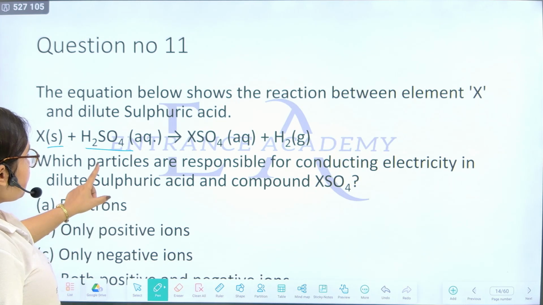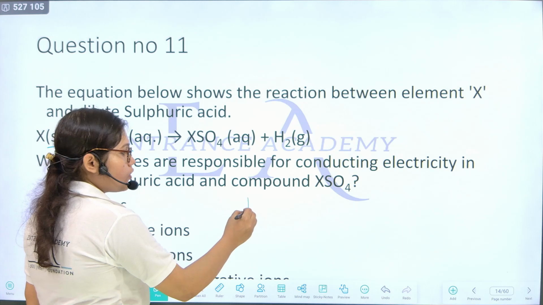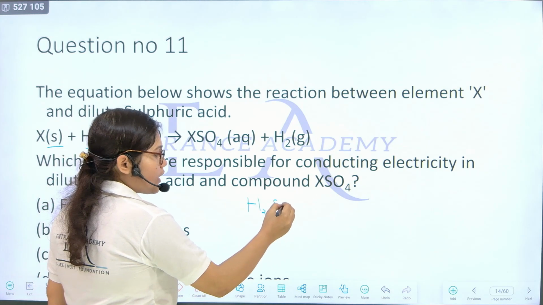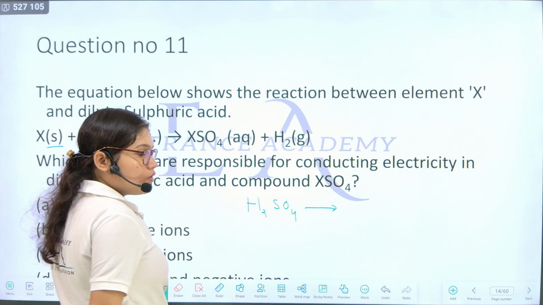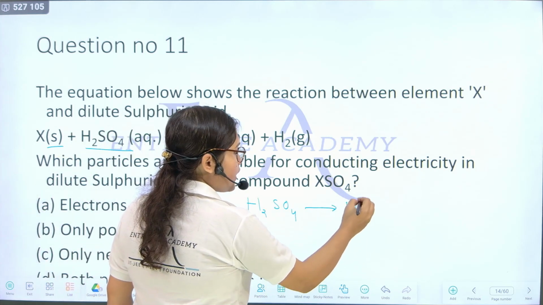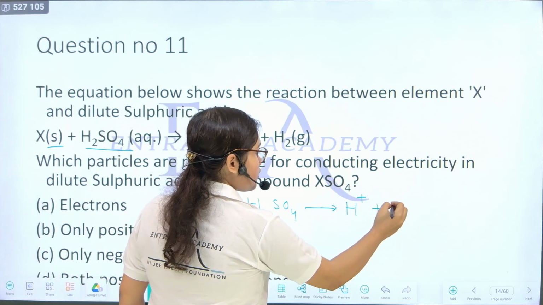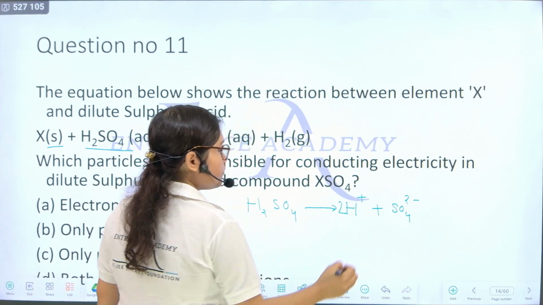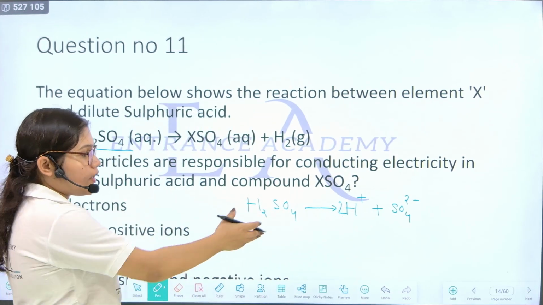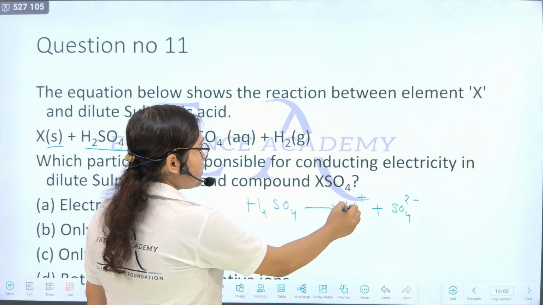So H2SO4, sulfuric acid, dissociates in water into ions like H plus and sulfate.